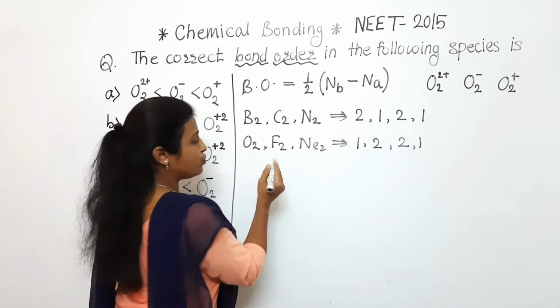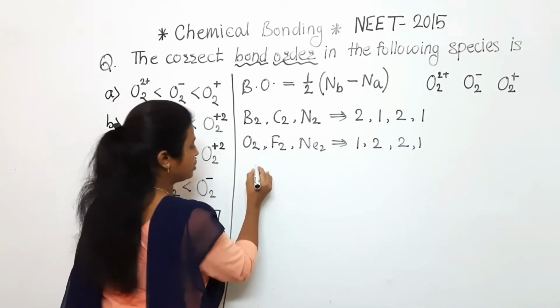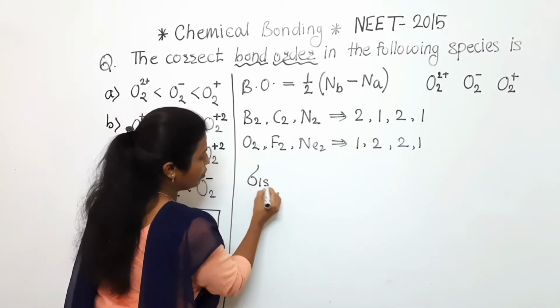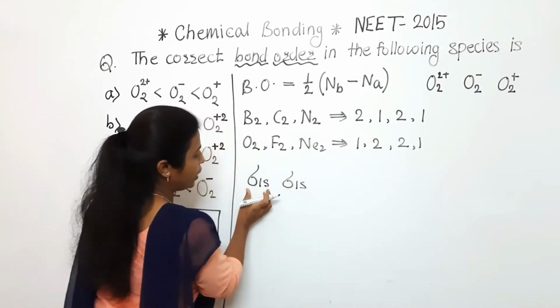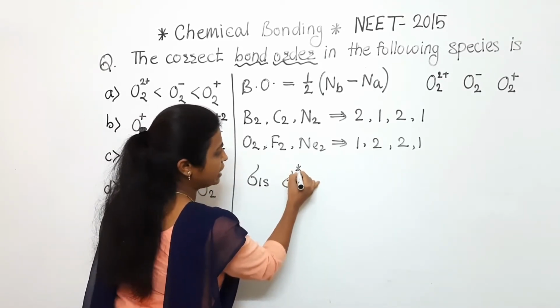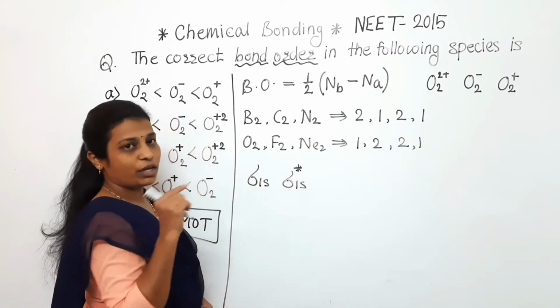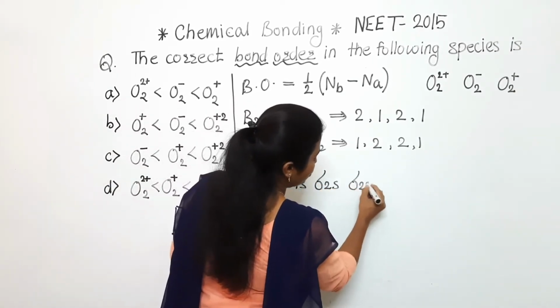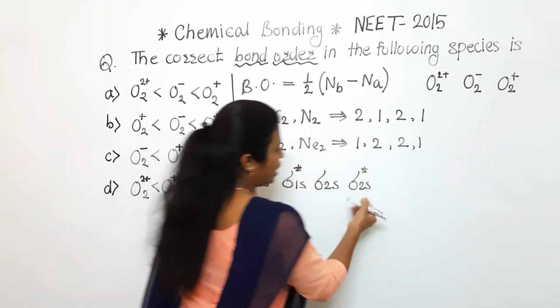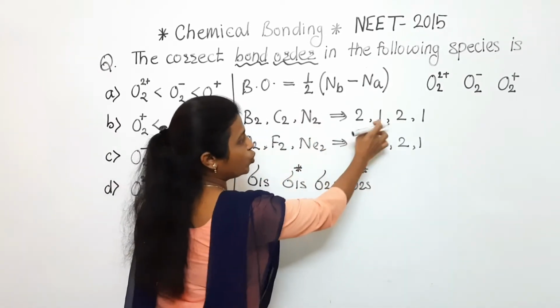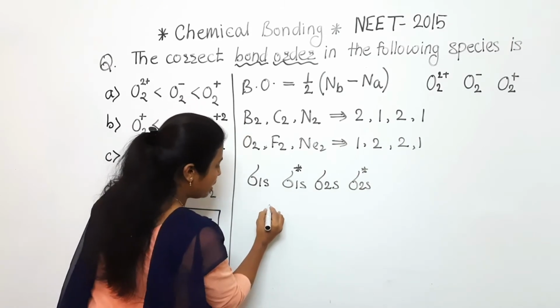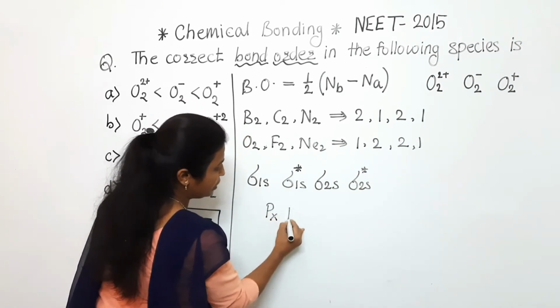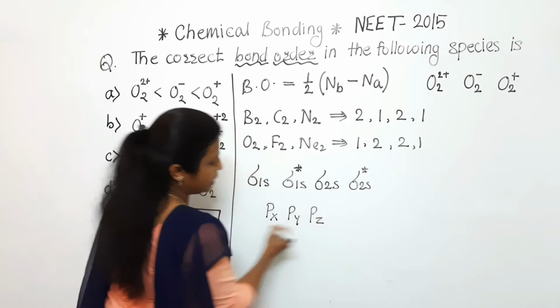Now see, when we are writing the electronic configuration, we start with the sigma 1s, sigma star 1s. One is the bonding, second one is the anti-bonding, which we denote using this star. After that sigma 2s, sigma star 2s. After that, now see, if 2 1 is there, firstly the p orbital, for that px py pz is there.